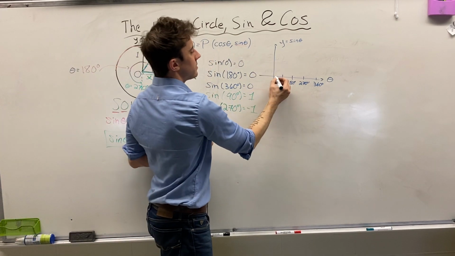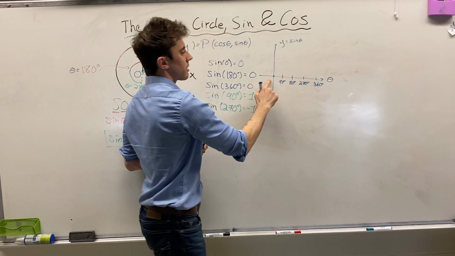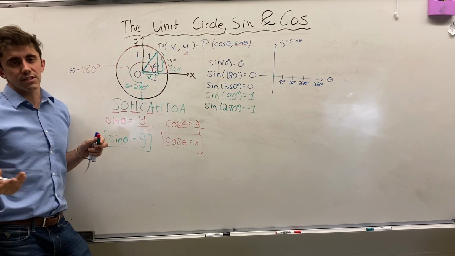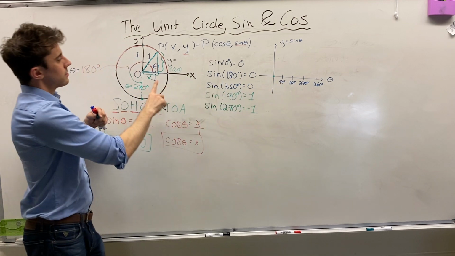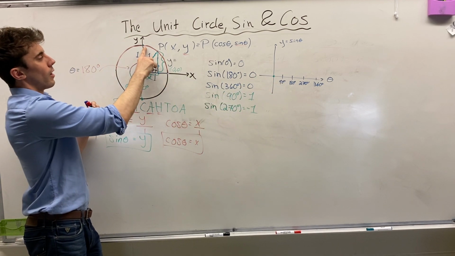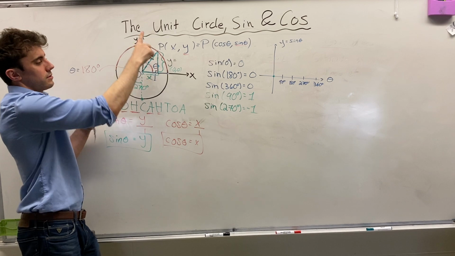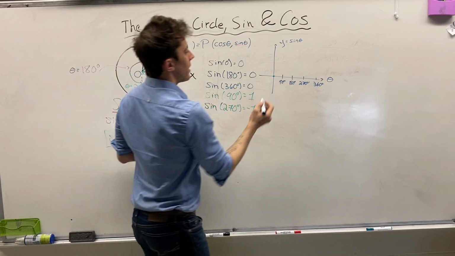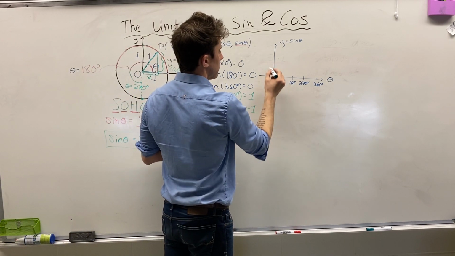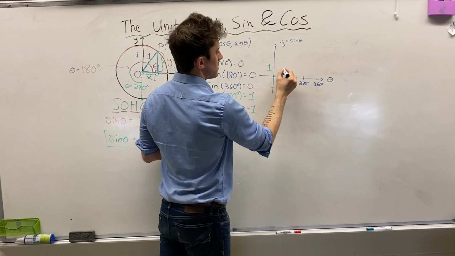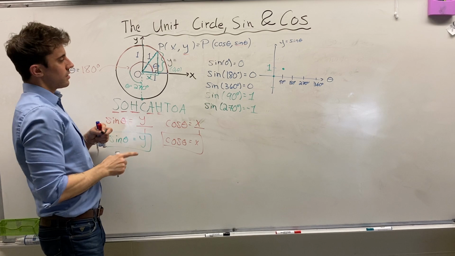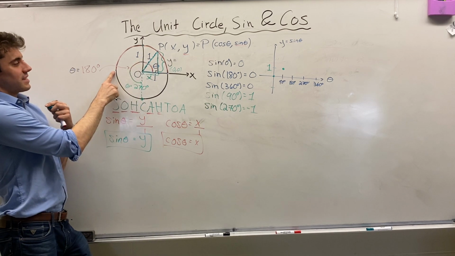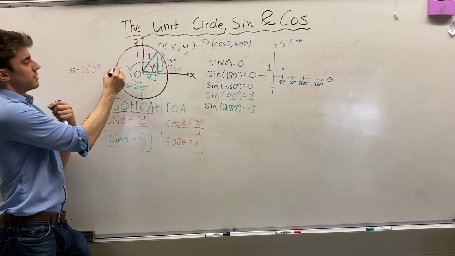That's why our sine functions always start at the origin before any transformations come in. So we start at the origin, then at 90 degrees, we're up to a y-coordinate of 1, right? Sine of 90 is equal to 1, and so at 90 degrees, we have a y value of 1. At 180, we're back down to a y-coordinate of 0.